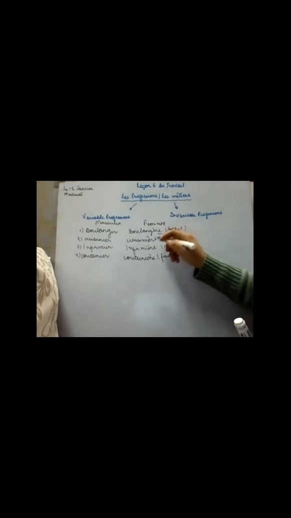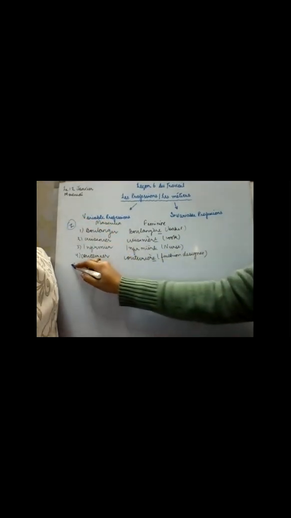So these are a few professions to which I have added E to make them feminine. These four professions, we have only added E to make them feminine. This was the first part of the variable professions. Now see the second part.